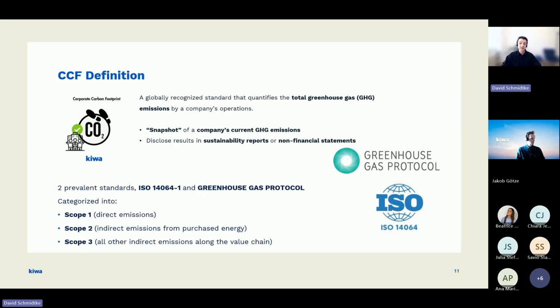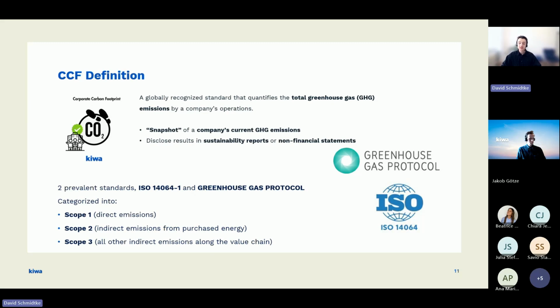Scope 1 details direct emissions that are immediately controlled by the company. So for example, if you have a company car, or if your machines burn fuels, this would be a direct emission. Scope 2 is about electricity that you buy. So the actual emissions do not happen on site, but they happen at your electricity provider, basically.